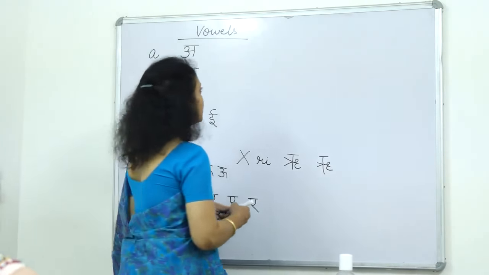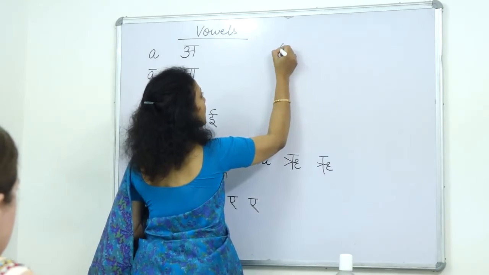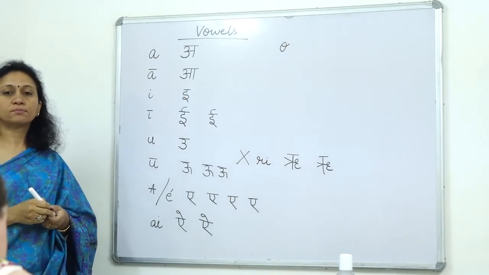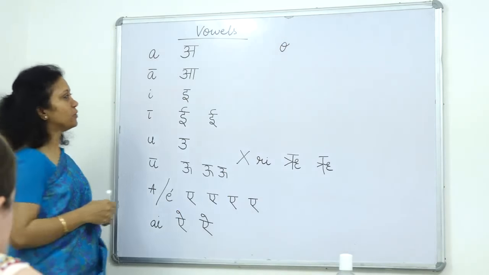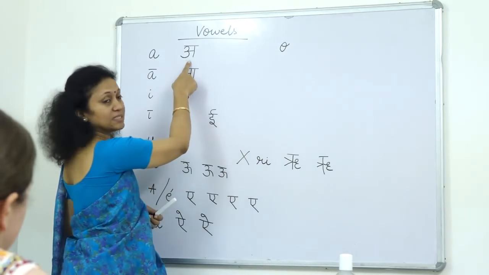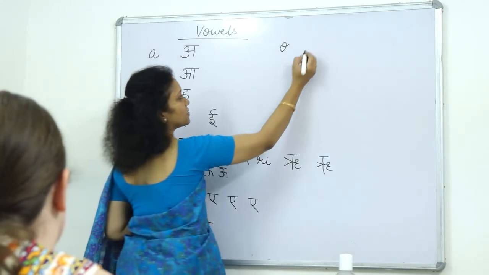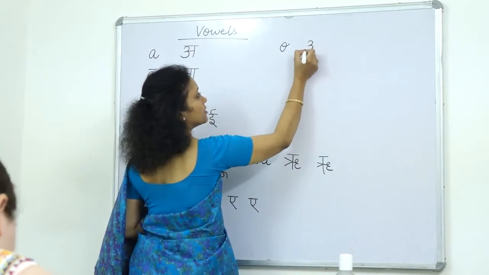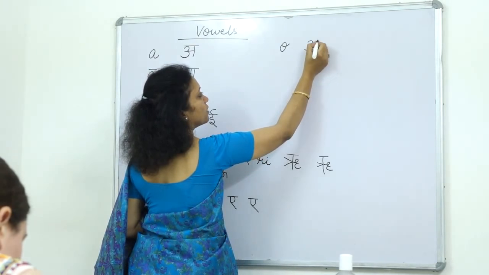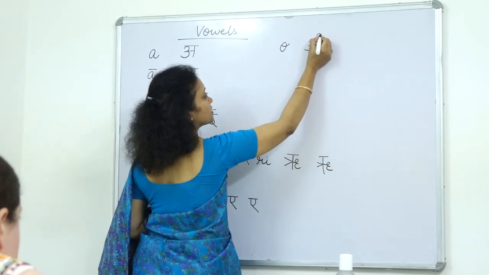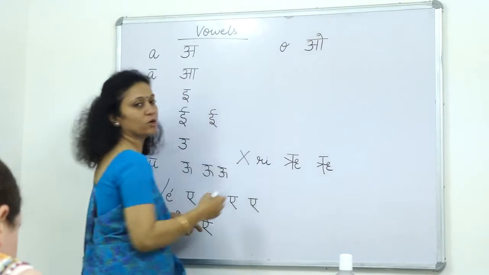So the next one that we're going to do is the sound O. And for the O, it's going to be the same structure again. You write the 3, then you have the horizontal, one vertical, another vertical, and the difference is one string on top.